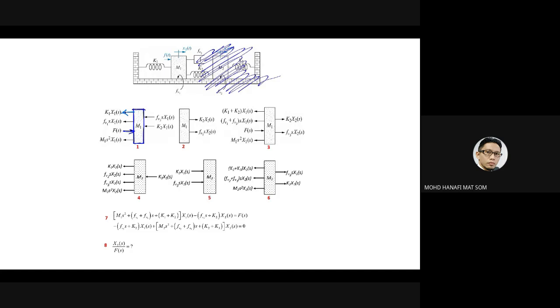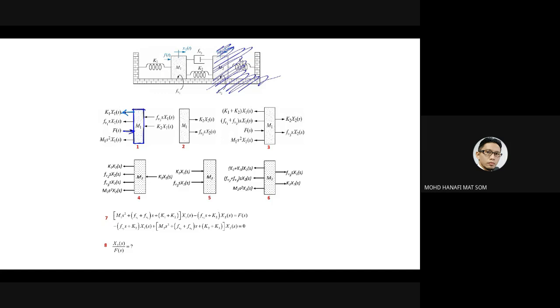So that's why you have the opposite direction of movement of a spring. So you have K1 X1 S here due to spring K1. And then you have the viscous damper that is connected to M1, FV3.